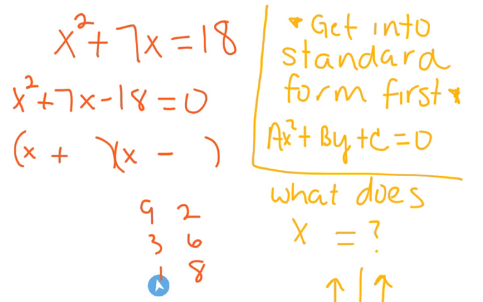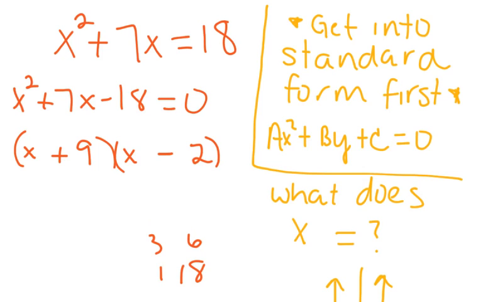Oh, I'm sorry, I forgot the 1. There we go. So our only reasonable factors are 9 and 2. I need a positive 7, so my 9 would go here, and my 2 would go here.